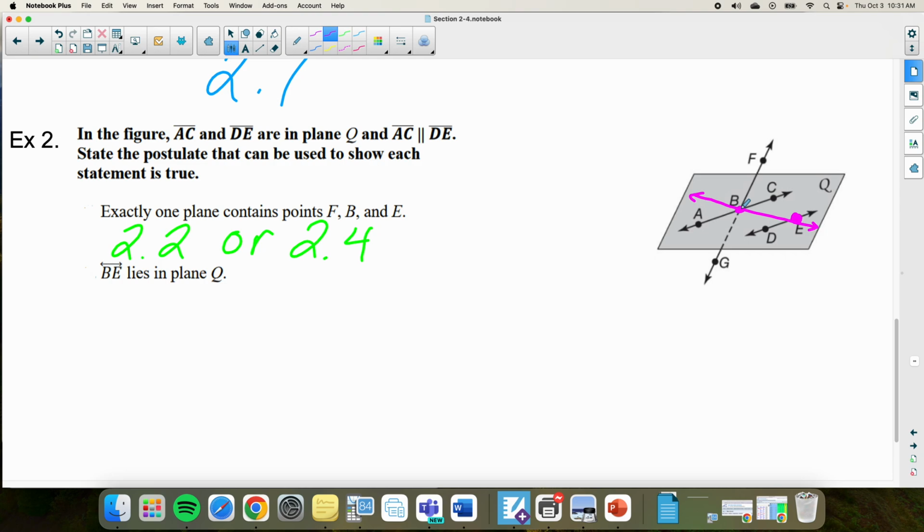This one is the one that talks about if 2 points are in a plane and you drew the line, then that line would lie in the plane. 2.5. Yep. 2.1 would be if they just said you could draw line BE, something like that. But here they're talking about that line lying in the plane.